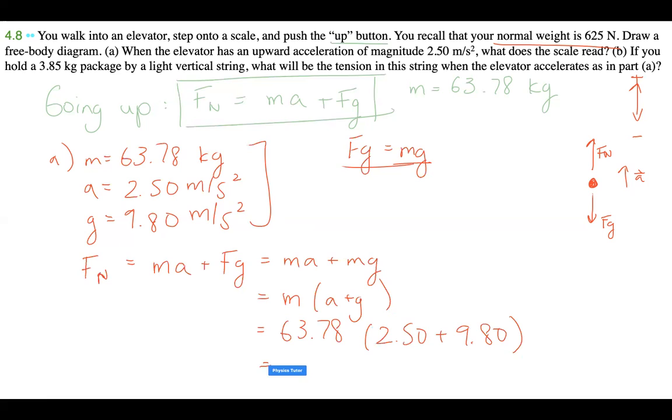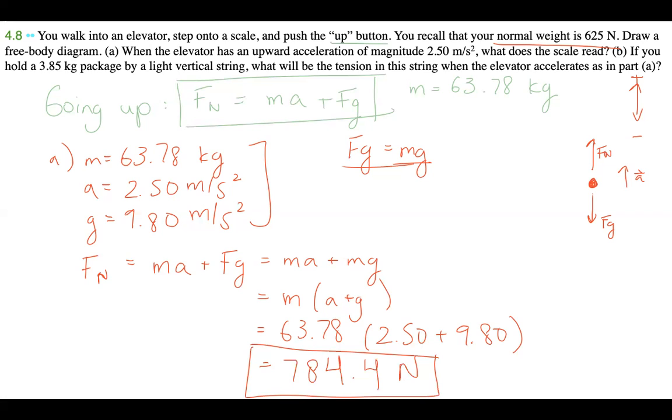If we multiply this together, I'm getting a total of 784.4 newtons. All right, so that's our answer for part A. When the elevator has an upward acceleration of magnitude 2.50 meters per second squared, what does the scale read? It reads 784.4 newtons. Done. That's part A.